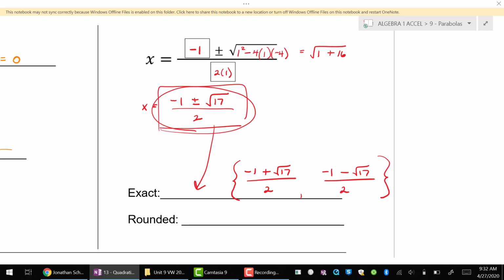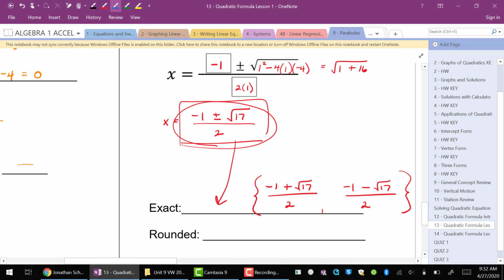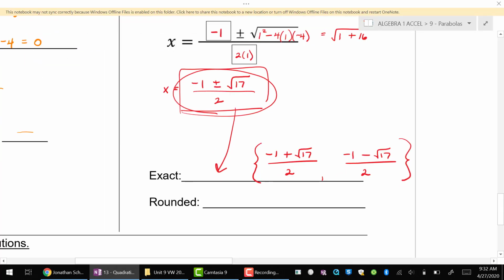Now, because we have a little section here that says rounded, let's actually compute the approximate value of these solutions. So on your calculator, you would simply type in negative 1 plus root 17, and then divide that number by 2. And I believe it's 1.56 as a rounded decimal answer. For the second solution, negative 1 minus root 17, again, all divided by 2.